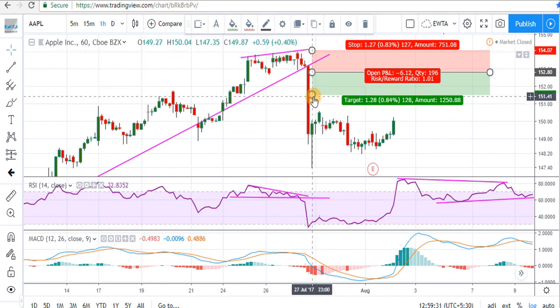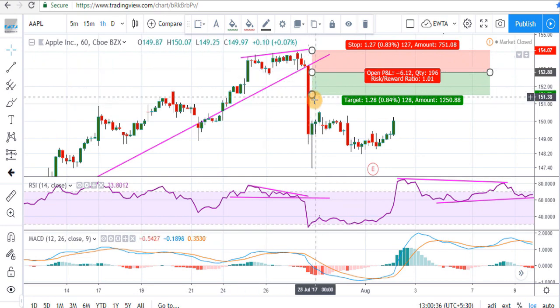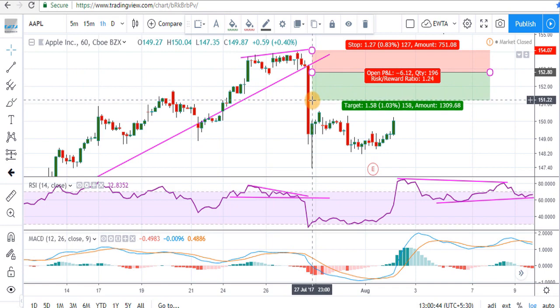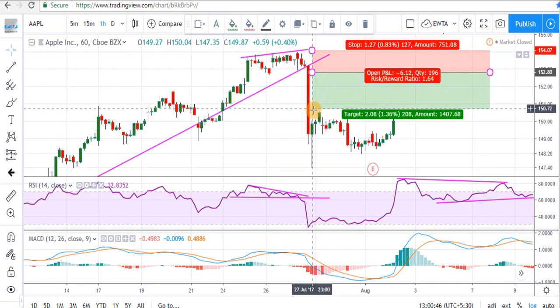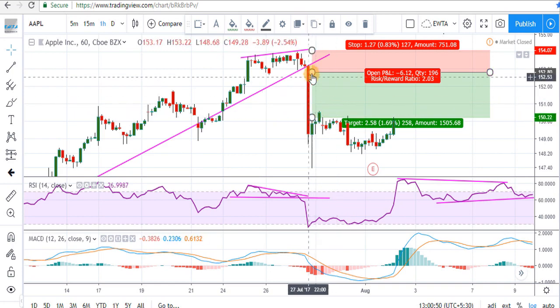When prices reach at 1:1 risk to reward ratio, then we should scale out our trade, in which we just exit from our half position and move our stop loss level to the break-even point. So at this point only half position is left with us and our stop loss level will be this. Then when there is a 1:2 risk to reward ratio, this is 1:2.